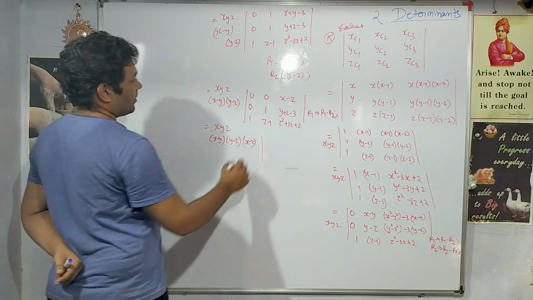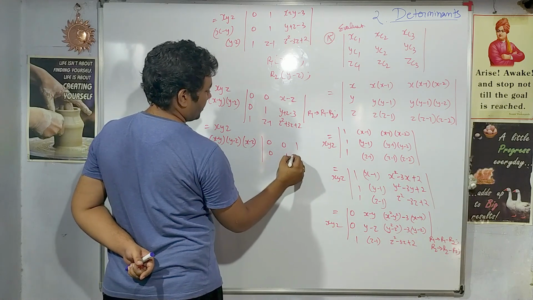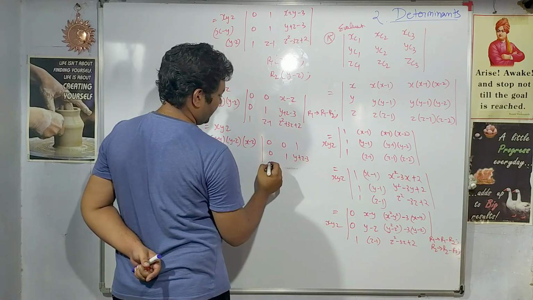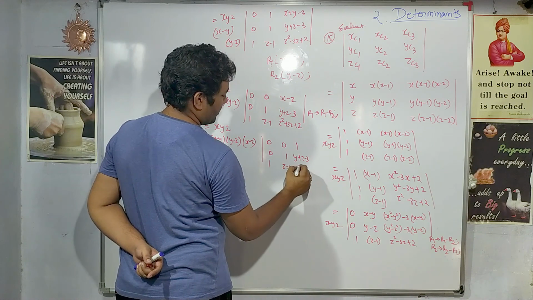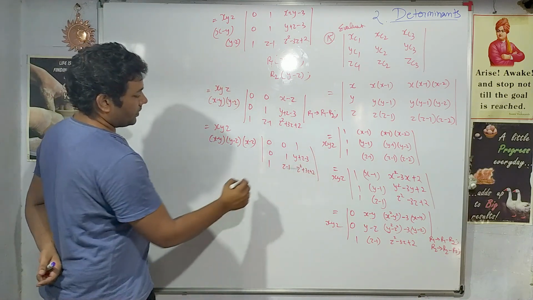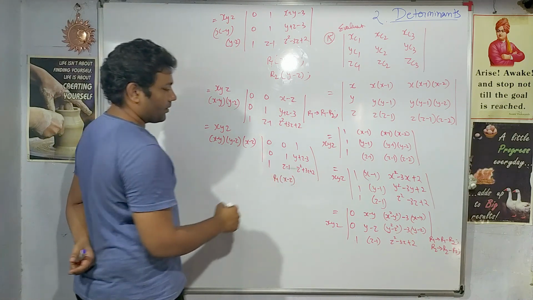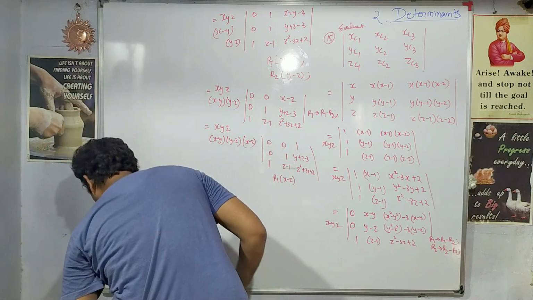Right? So 0 0 1, 0 1 y plus z minus 3, 1 z minus 1 z square minus 3z plus 2. Right? What operation have I done? The operation I have done is from row 1 I have taken out x minus z common. Now I have 3 zeros.